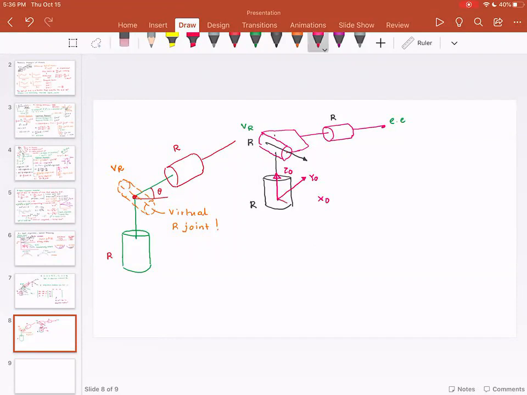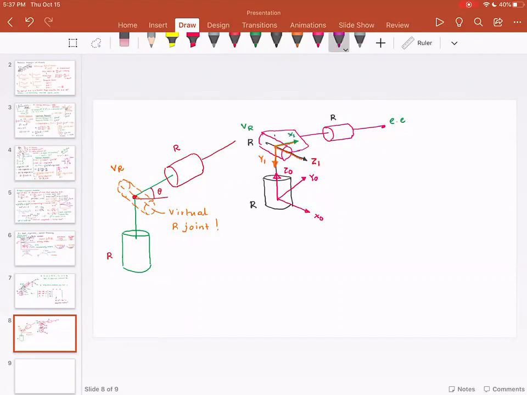So this is x naught. I will have z1, and my x1 has to be perpendicular to the old and the new z1s. So I will have my x1 like this, my z1, and then x1. So my y1 is going to be like this.